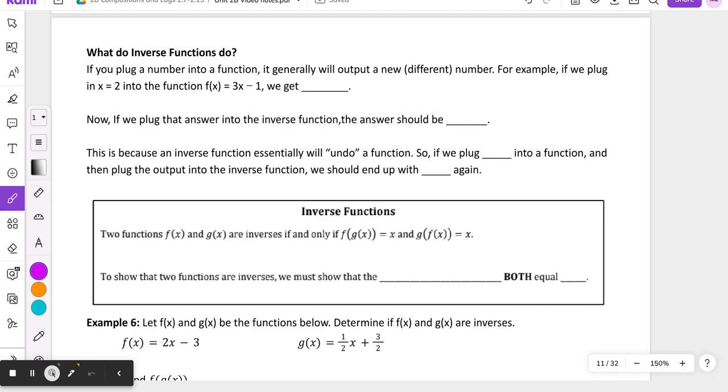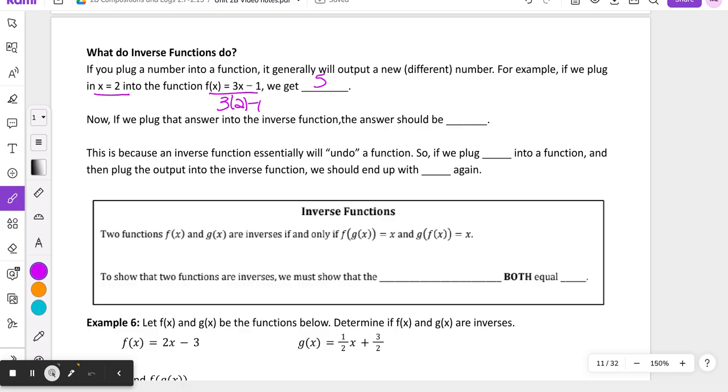If you plug a number into a function, it generally will output a new, different number. So if we plug x equals 2 into the function f of x equals 3x minus 1, we get 5. Okay, that's great.